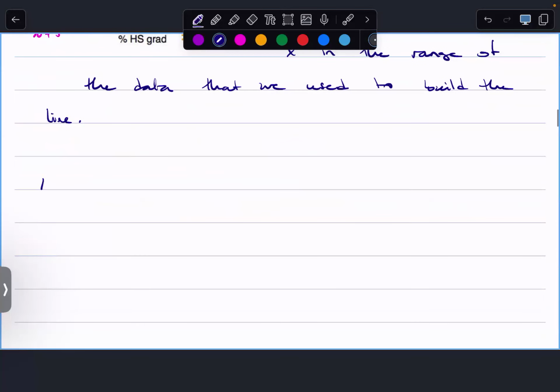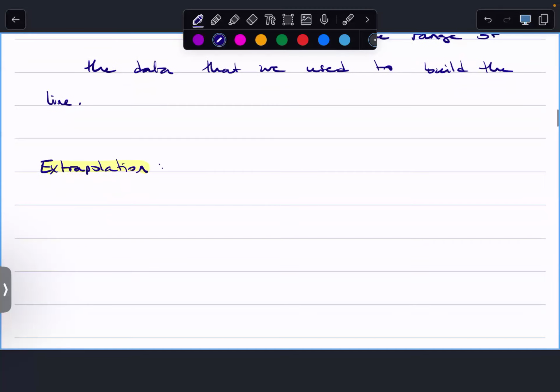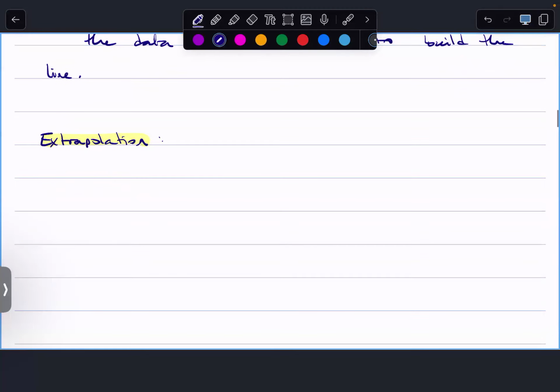So one of the terms that I need you to know, I guess, is extrapolation. I'll even highlight it. And the number of times that I've seen on the final exam, it's that word that I can't remember, where we use the line to predict outside the range of our data. And I know you mean extrapolation, and that's fine, right? It's the concept that I'm after, okay?